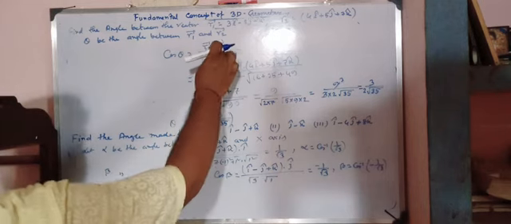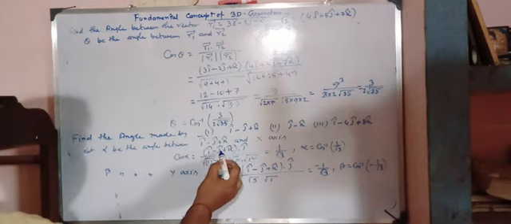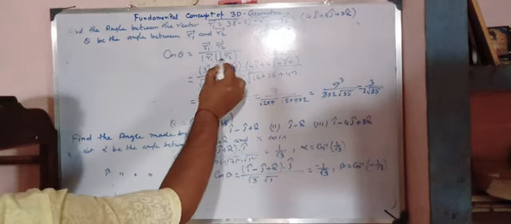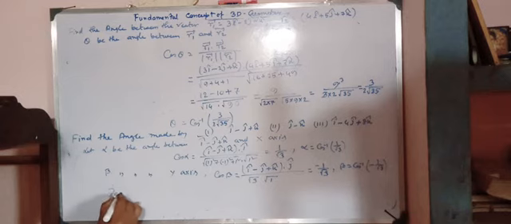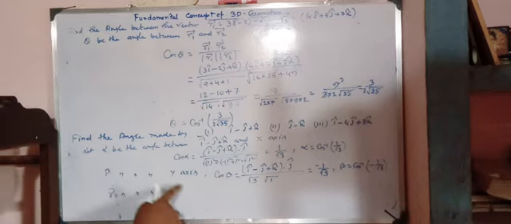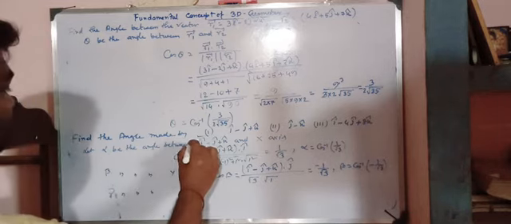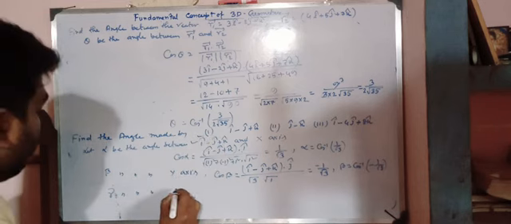We are applying this formula: this dot this by modulus of this into modulus of this. And gamma is the angle between the same vector number 1 and the z axis.